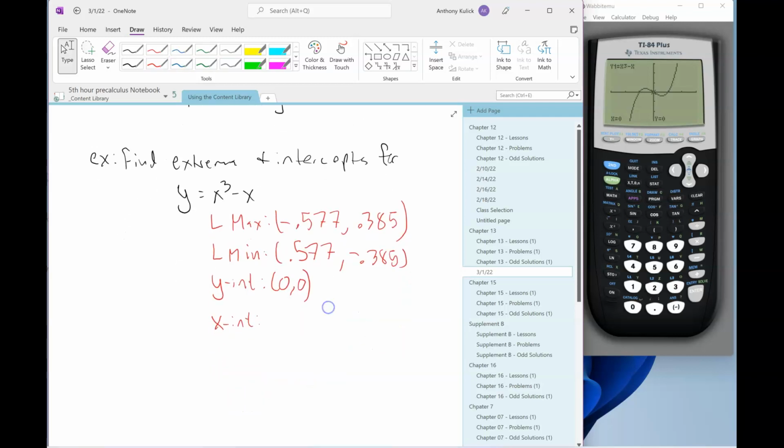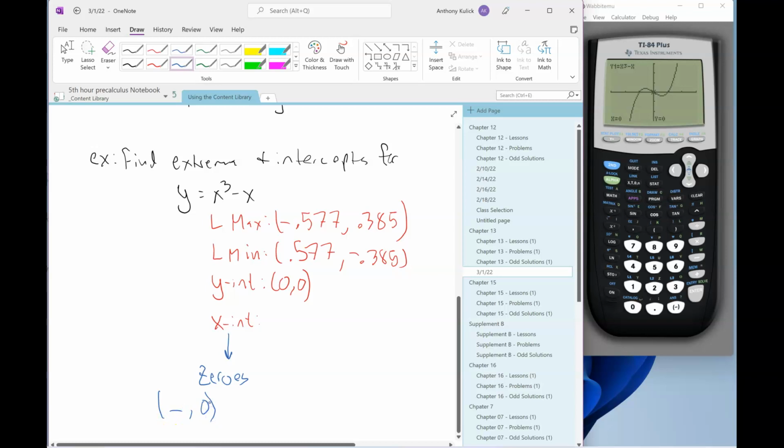As an aside, x-intercepts are oftentimes referred to as zeros, and it's because the x-intercepts always have a y-coordinate of 0. Basically, you're solving where the function is equal to 0.